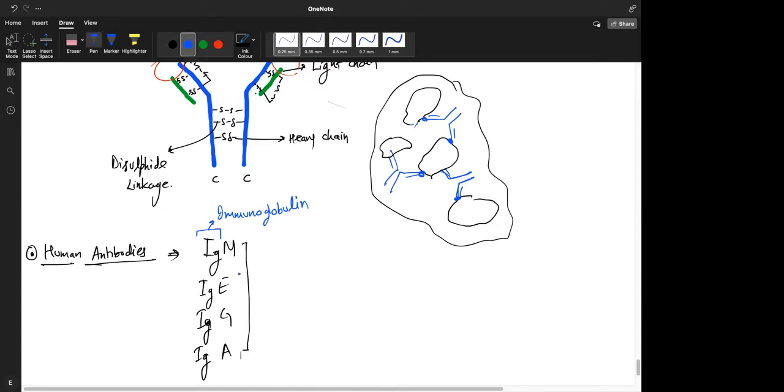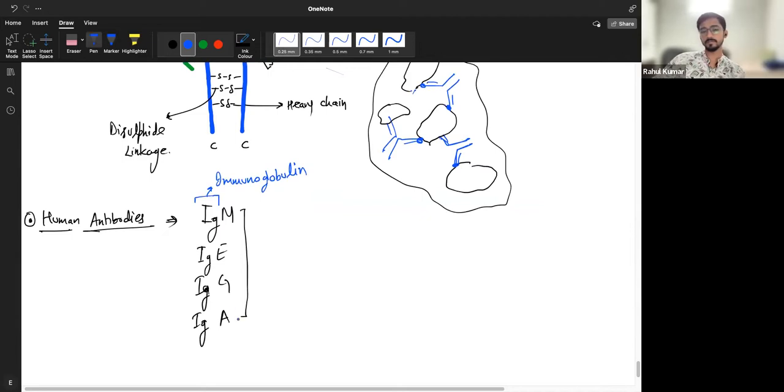Out of this, I'm just giving you some shorthand tips too. IgA is very small in size, and IgA can transfer to babies from the mother.